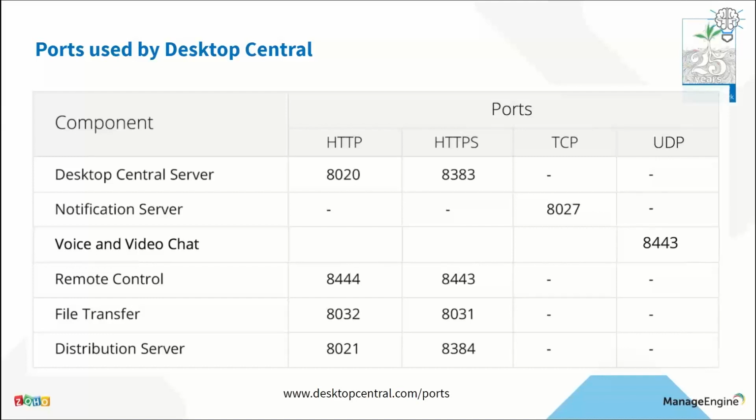This is used by the notification server, which is an interesting component which uses the port 8027 to perform all the on-demand activities like initiating a patch scan, or taking the remote control. We will talk about this in detail on the upcoming slides. Apart from these two ports, there are other optional ports that you need to open. The important ports are listed on the screen. You can keep the respective ports open as per your requirements.